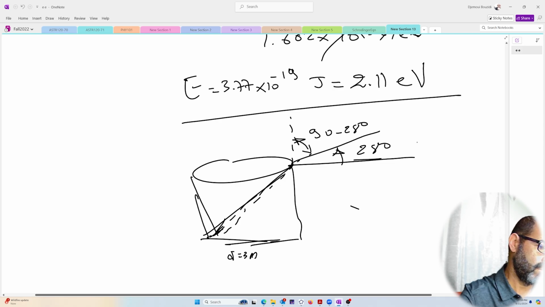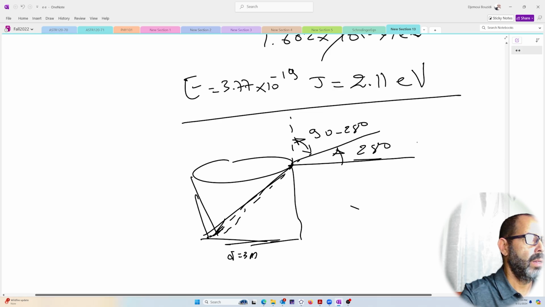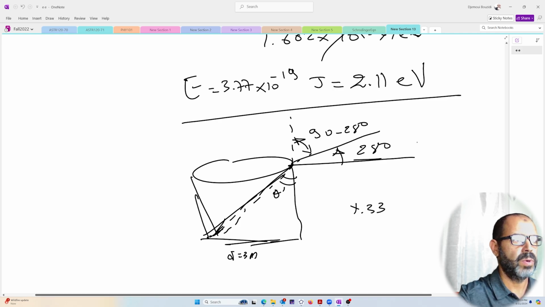And this is the angle of refraction in this case, theta prime. So what we know in this case is for water, the index of refraction is 1.33 times sine of theta prime.